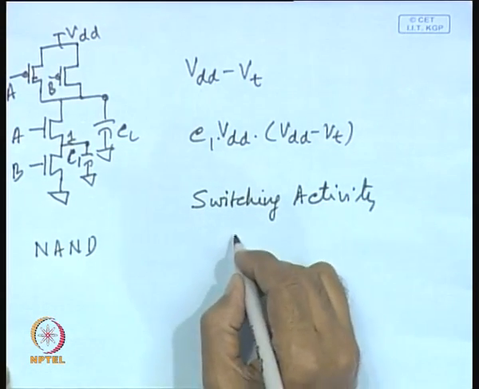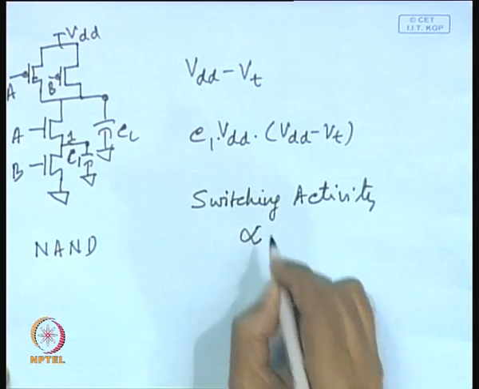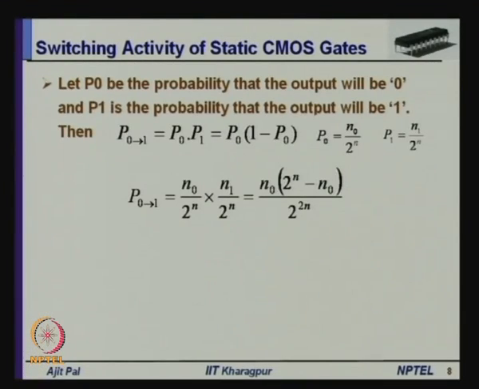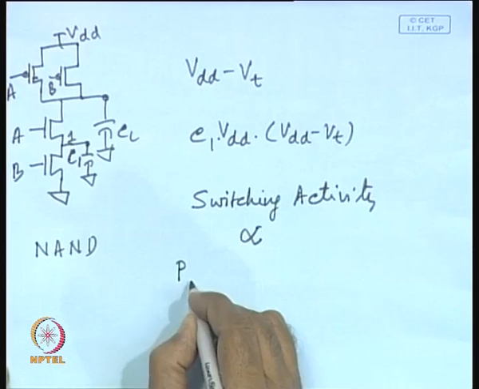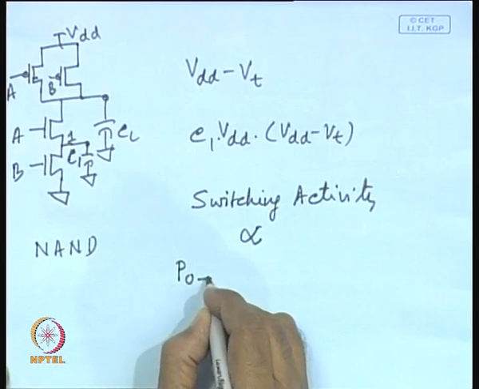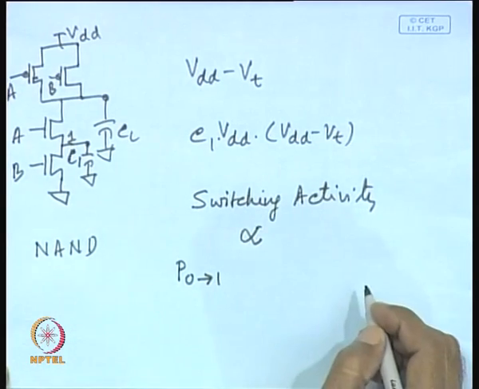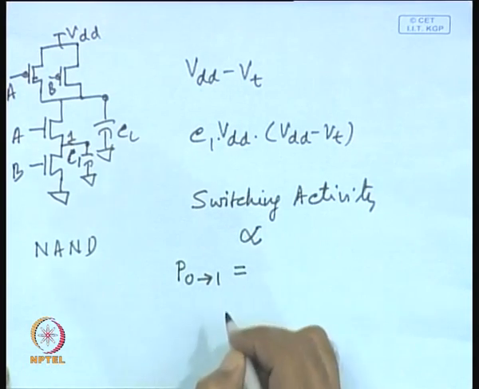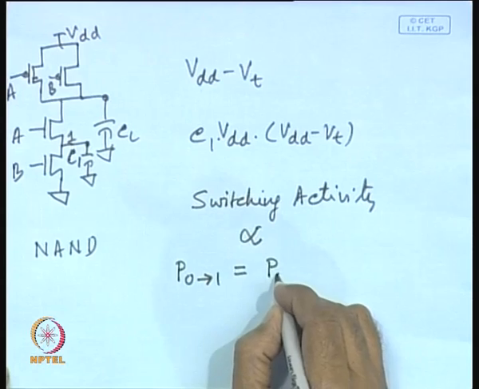What is switching activity? Switching activity is represented by alpha. How can you calculate switching activity? Switching activity is defined as the probability of transition from 0 to 1, and this is equal to P0 into P1.